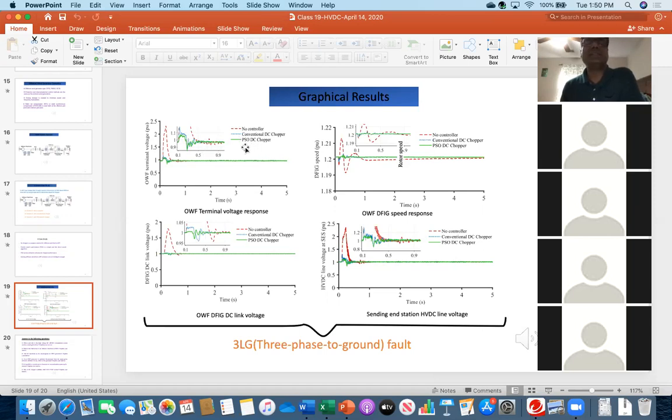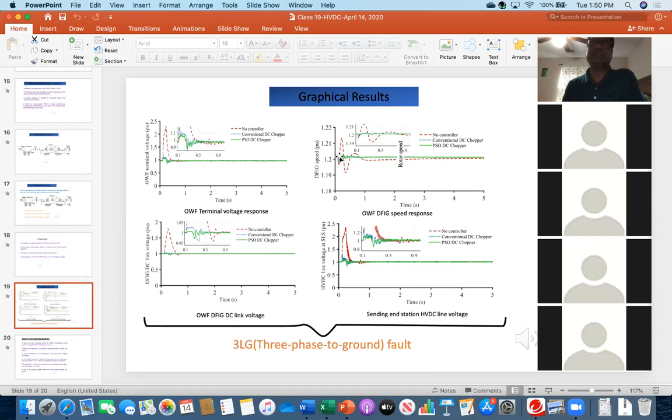So PSO-based DC chopper is somewhat better as compared to the conventional DC chopper, and that is our expectation. The same thing happened for the DC link voltage of the DFIG system. On the right side, on the top, the response is the DFIG speed response.